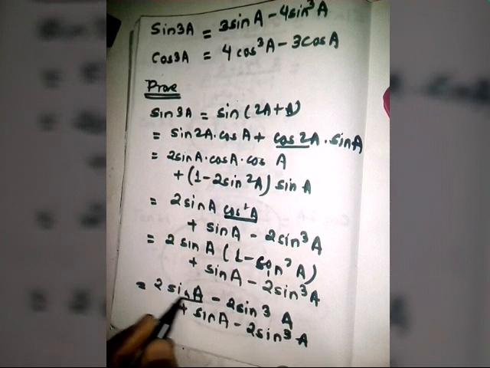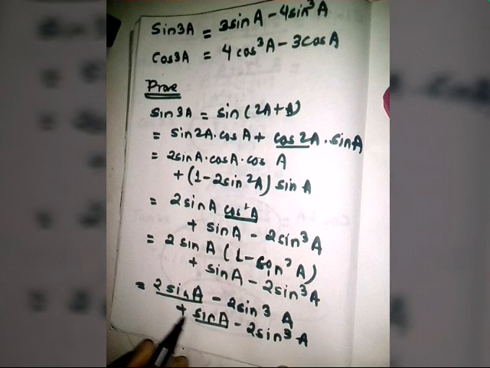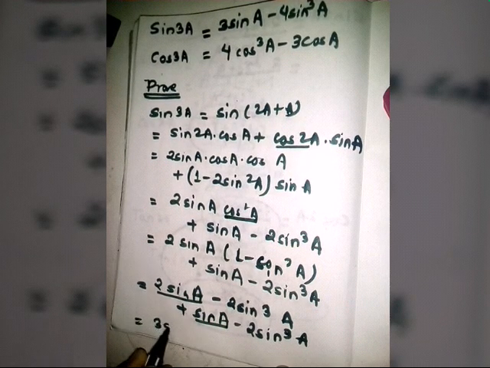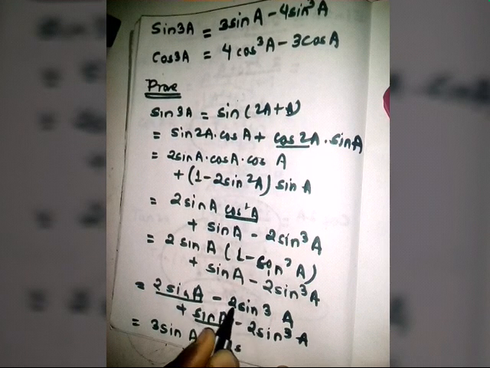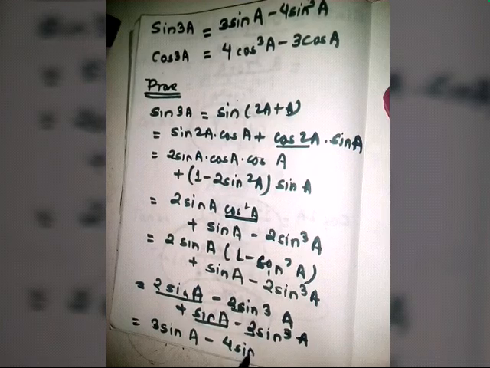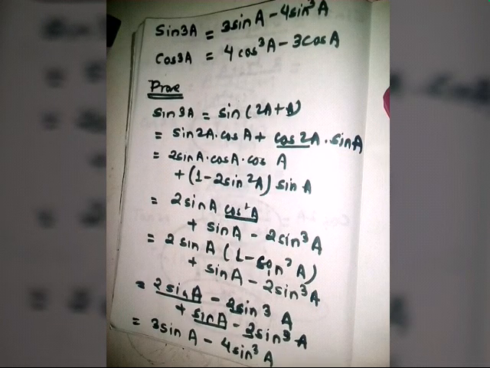We have 2 sine a plus sine a, which gives us 3 sine a, minus 2 and 2 is 4 sine cube a. Thus we have derived the formula, and I hope you can do the same in terms of cos. You just have to do it in the same manner.